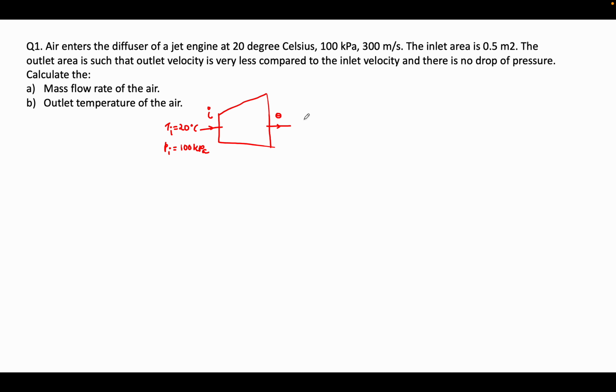And my V at I is equal to 300 meter per second. Now one more thing is given, the inlet area. Remember, they can also give the diameter, but now they do not want any sort of calculation. It's directly giving us the area. If it is given as a diameter, we know the formula to calculate an area: 0.5 meter square. Okay, now this is for the inlet part.